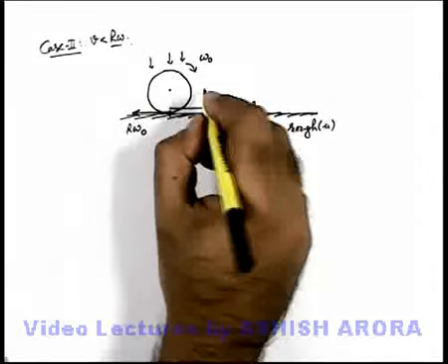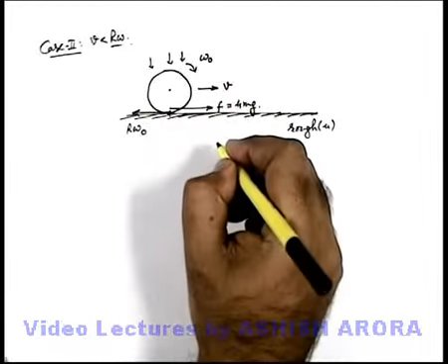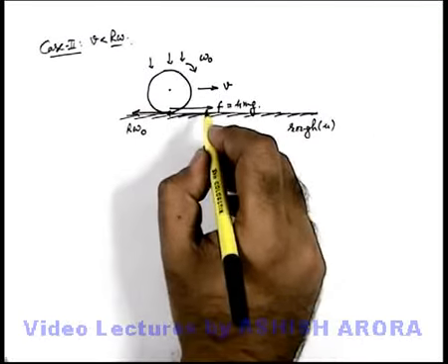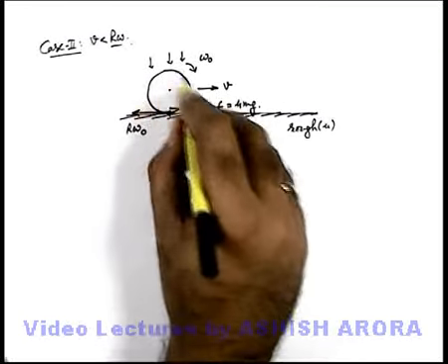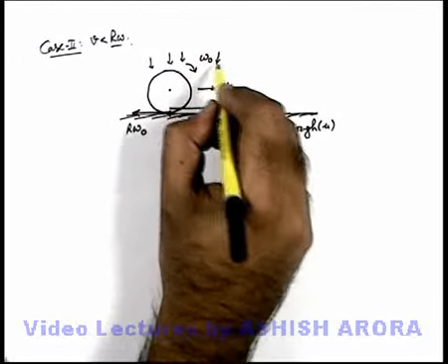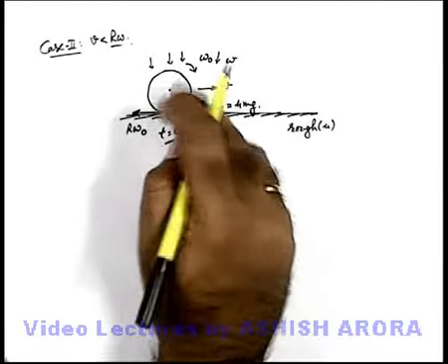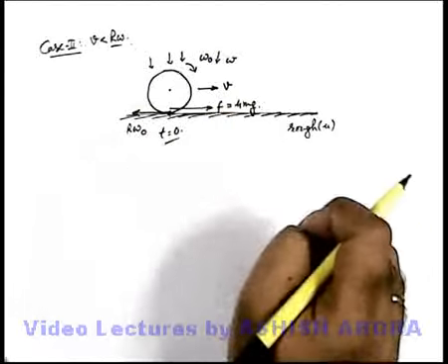Now due to this friction, obviously the body will gain some translational speed, and the torque due to friction is in the direction opposite to the angular speed, so it will decrease the angular speed to omega. Say this was the time t equal to 0 when the body was spun and placed on the rough surface.